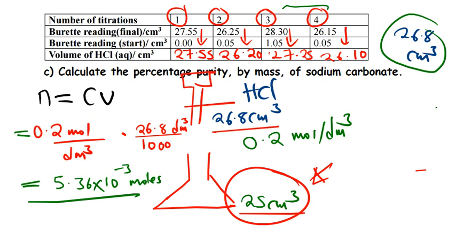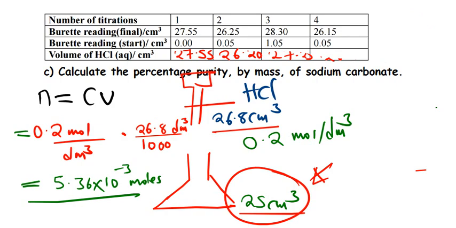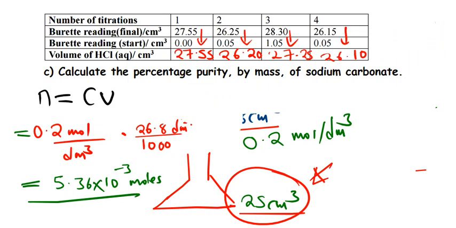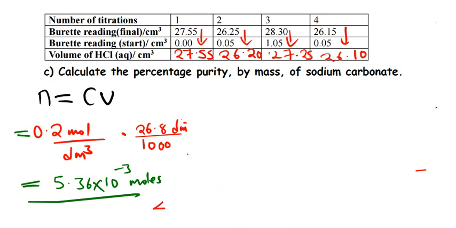So we've determined the number of moles of the hydrochloric acid that was required by a portion of the 4 portions that were gotten from the 250 cubic centimeters. Now, if we go back to our equation, we should be able to determine the number of moles of the sodium carbonate by using the balanced equation.